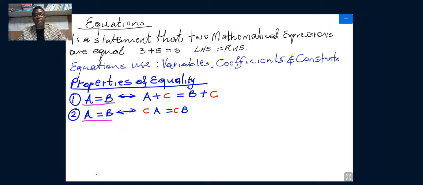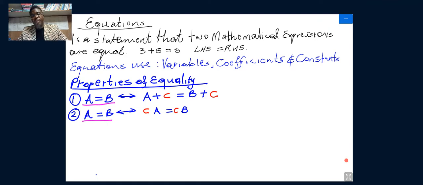And a number is also a sign that is assigned to a particular quantity, to a known quantity. A variable is a sign or a letter that represents an unknown quantity.